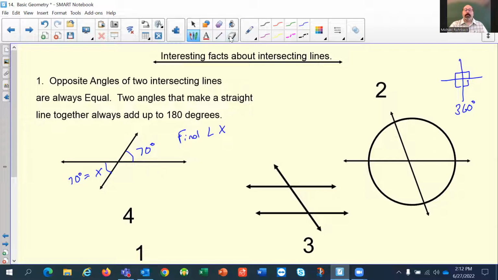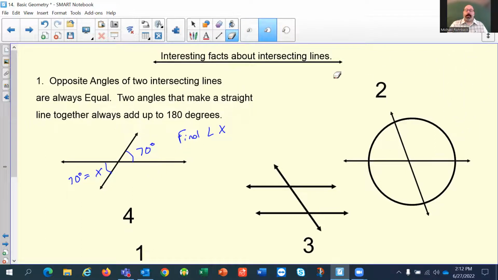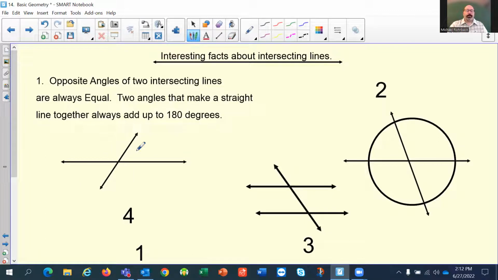Okay, so if they have to add up to 360 degrees, then what you know, I'm going to put our 70s back, is that a straight line, if the whole thing is 360, then a straight line straight across has to be 180.